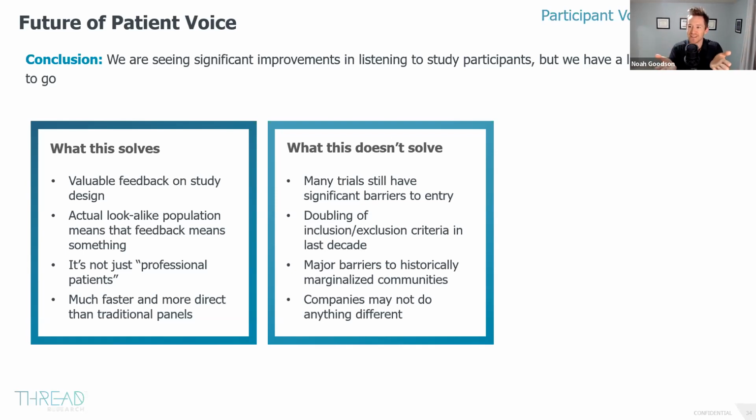That funnel doesn't get better by listening to someone say it sucks because I was hoping to get on this cancer therapy because it's my last line, but I took this third line defense and now I'm ineligible. So I'm just going to die. Listening to that doesn't necessarily solve some of those challenges. And there are still major barriers to historically marginalized communities that listening to a few patient voices is not going to fix, these dramatic systemic issues we're facing.